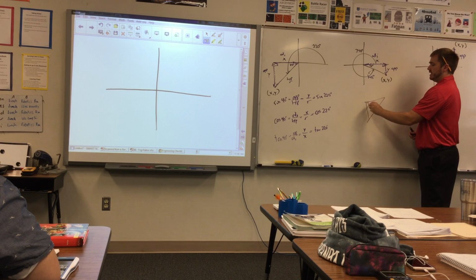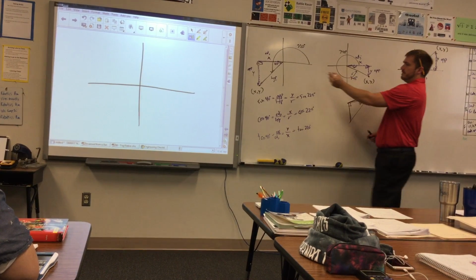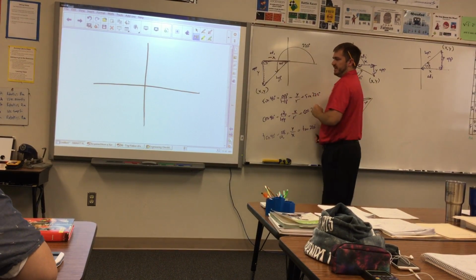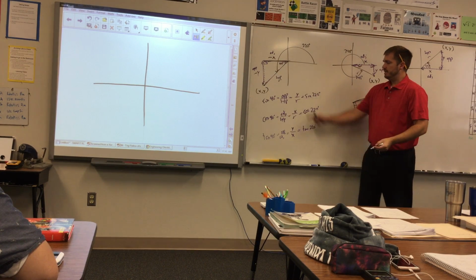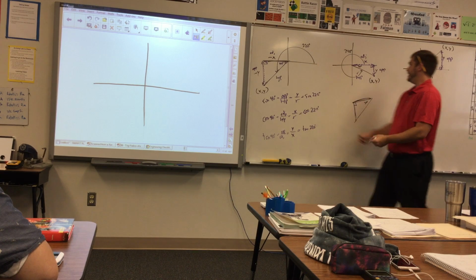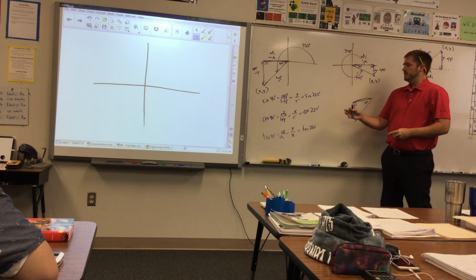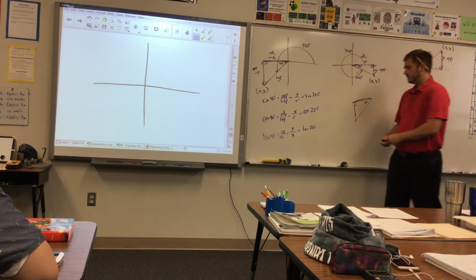We had a triangle like that, and you had 20 degrees right here. This was positive and this was positive. But now, notice, if we're kicking off over here to the left, that x right there is going to be negative, and that y is going to be negative. And if we've got those over values, we're going to end up with some sine, cosine, tangent values that are going to be negative. So let's talk about that real quick.